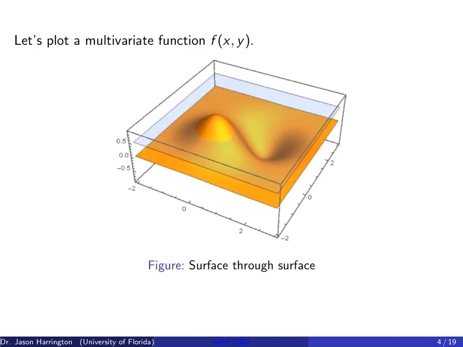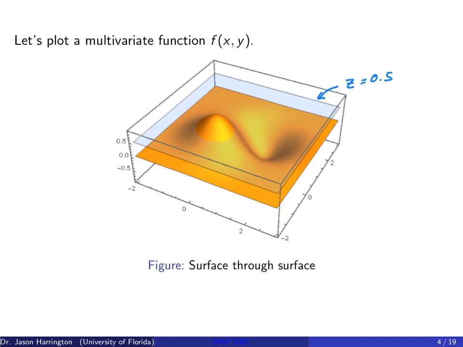Now what we can do is we can look at what's called a level set. I called this a surface through a surface because I actually have two plots here. This blue plane is just z is equal to 0.5.